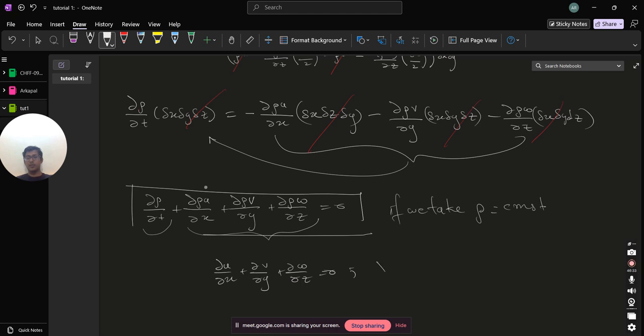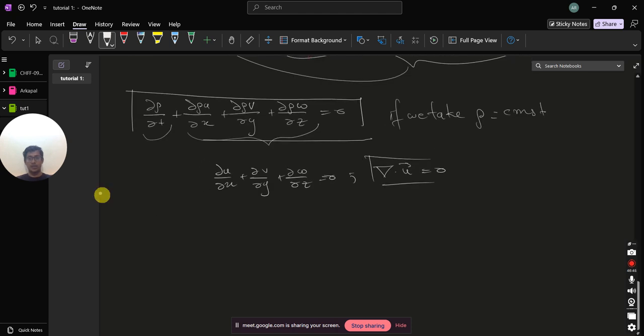And we can also write it as the divergence of the velocity vector. Okay, so if you remember from your vector calculus, divergence is nothing but del by del x i cap plus del by del y j cap plus del by del z k cap, and your u vector is nothing but u i cap plus v j cap plus w k cap.